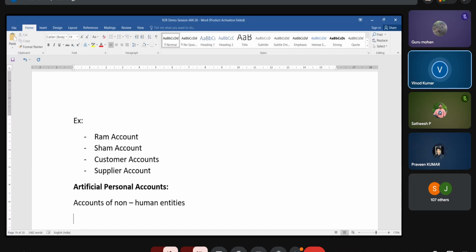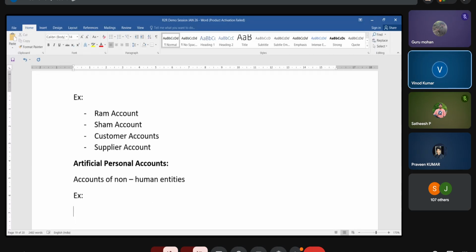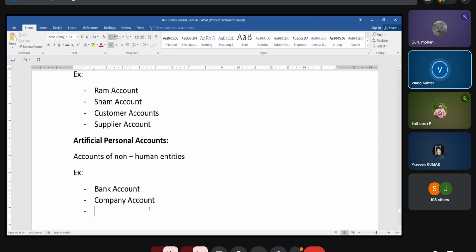For example, your bank account is a personal account. Company accounts, company name XYZ Limited, Accenture Limited, Infosys Limited, Tech Mahindra Limited, Wipro, whatever it might be.